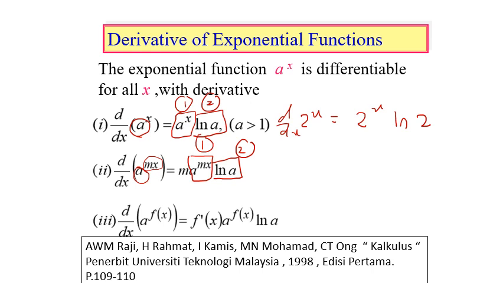For the second one, if we have a coefficient, we put the coefficient at the front. For example, if we have 2 power of 3x, we copy down the first one, then the second is ln of the base, and the third is the derivative of the power, which we put at the front.